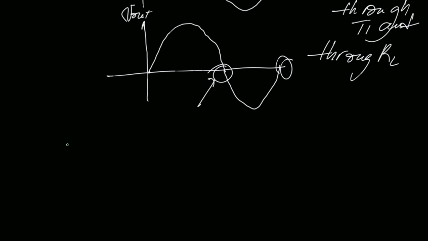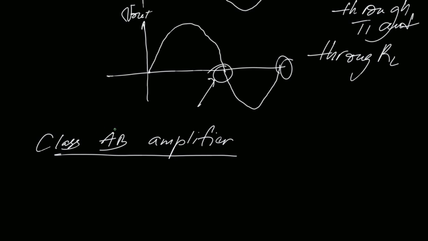So this is like a class B, except that it doesn't have crossover distortion. So this type of amplifier is simply known as a class AB amplifier. What does it mean, a class AB? It behaves like a class A in the sense that Vout always follows Vin, no matter what it does.